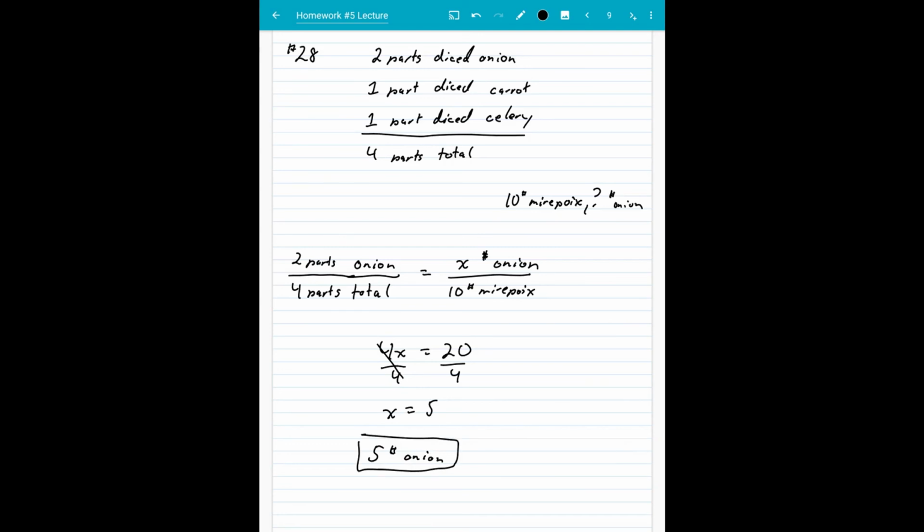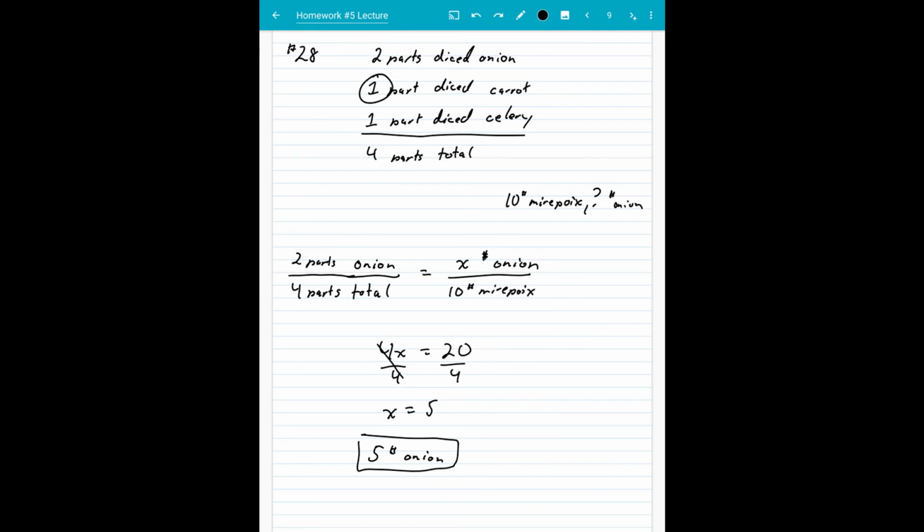And that makes sense because diced onion is 2 out of 4 parts. So if it's 2 out of 4, it should be half of the total recipe. So if you needed 20 pounds of Mirepoix, you would need 10 pounds of onion. So you can look at it in that respect as well, since it's a fraction.